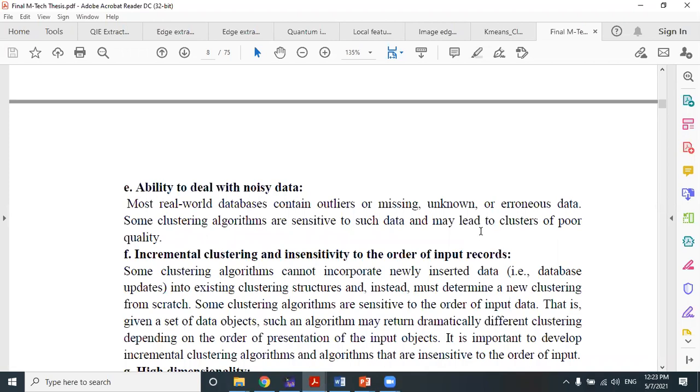That means after measuring the distance from all the cluster centers, if a distance from a particular data looks absurd, beyond the threshold of distances, and you cannot insert that data as a member of any of the clusters, then that data will be considered as outliers or erroneous data or noisy data or missing data.